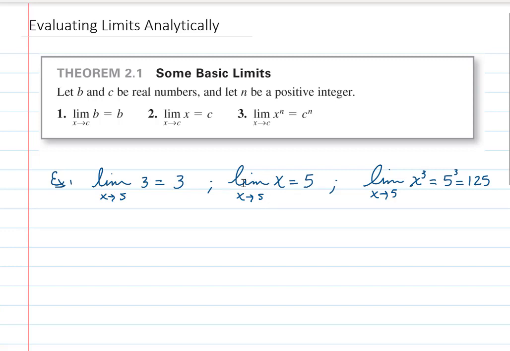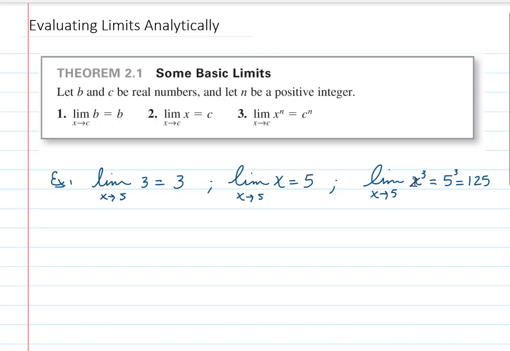If we take the limit of x as x goes to 5, then the answer is going to be the actual limit point, right? This is just what we call in algebra the identity function, where the input and the output are the same. So it's like you're plugging that 5 in for x.